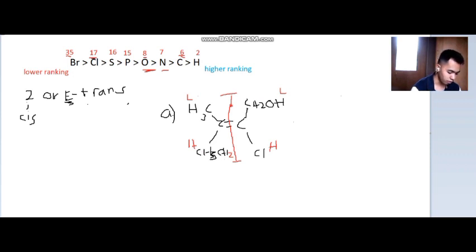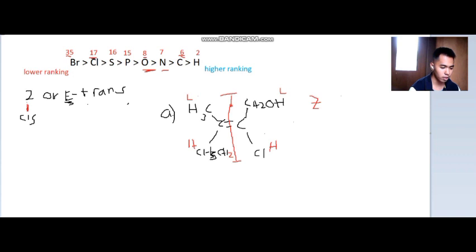So this is an E compound. Oh no. As I said earlier, this is a Z compound, because Z is equivalent to a cis isomer, and E is equivalent to a trans isomer.